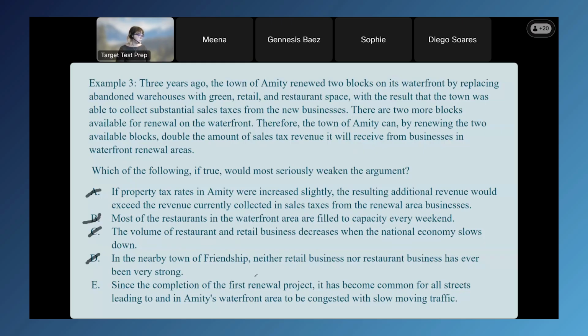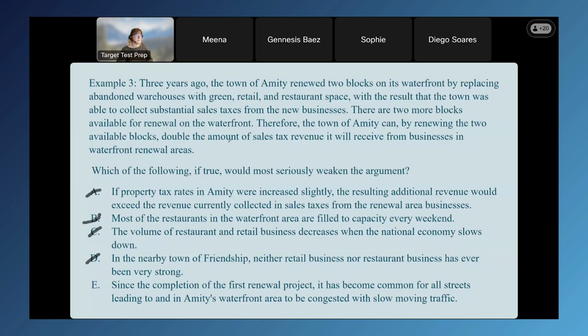And E, since the completion of the first renewal project, it has become common for all streets leading to and in Amity's waterfront area to be congested with slow-moving traffic. So if the infrastructure of the waterfront area cannot support more shoppers and diners, then it seems a little bit bold to assume that they will be able to double the amount of sales tax revenue they receive from businesses by adding more businesses.